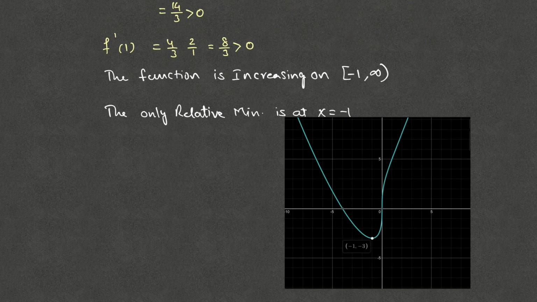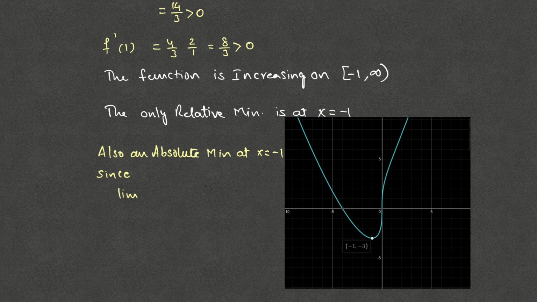From the sign diagram, we see that the function has only one relative minimum, which is at x equals negative 1. And this also happens to be the absolute minimum of the function from the graph shown here.